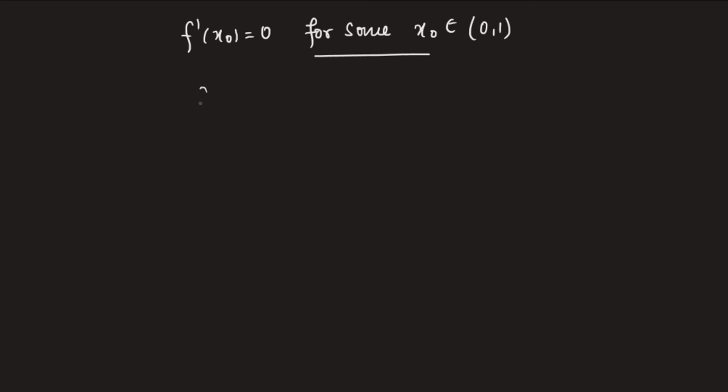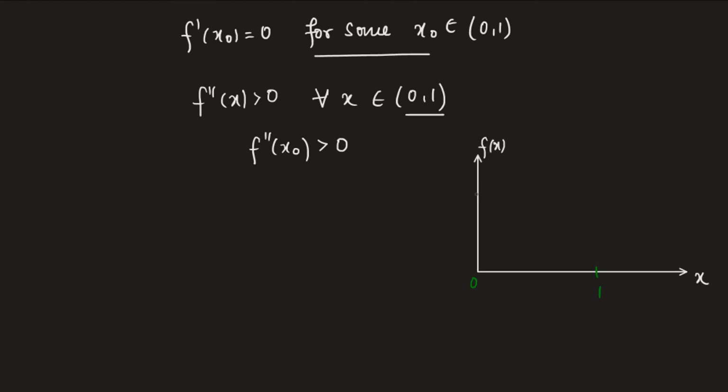Also it is given that the second derivative of the function is positive for all x in (0, 1). Since x0 belongs to this interval, we can write the second derivative of the function at the point x0 is also positive.